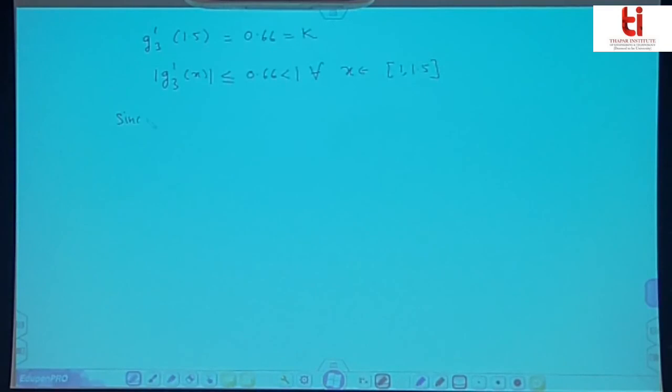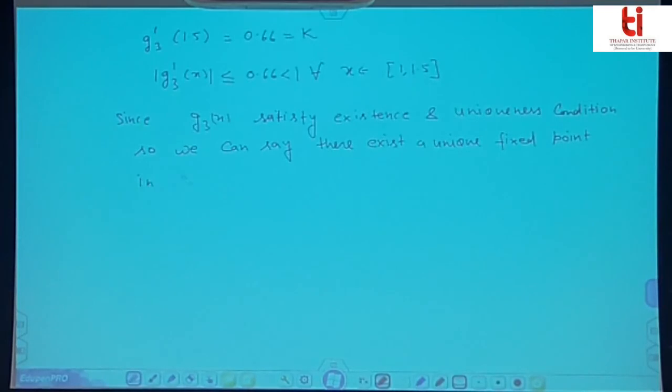So since g3(x) satisfies both the existence and uniqueness conditions, we can say there exists a unique fixed point inside the interval 1 to 1.5.